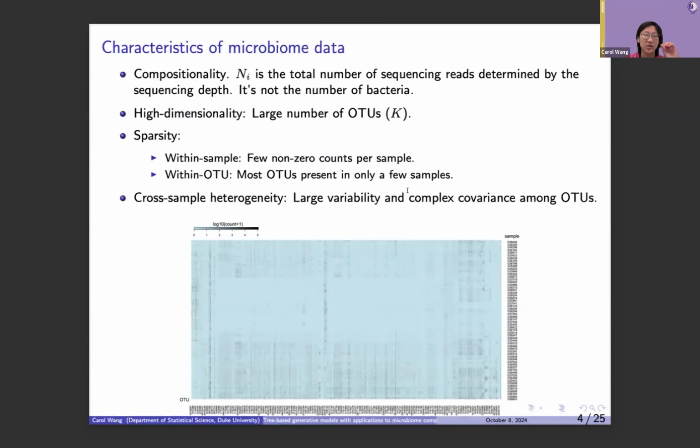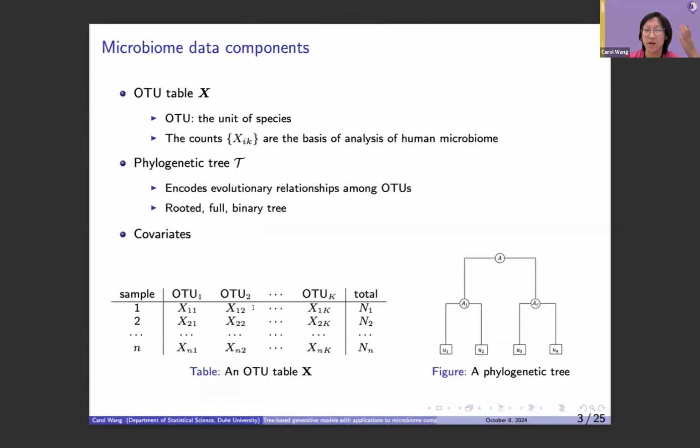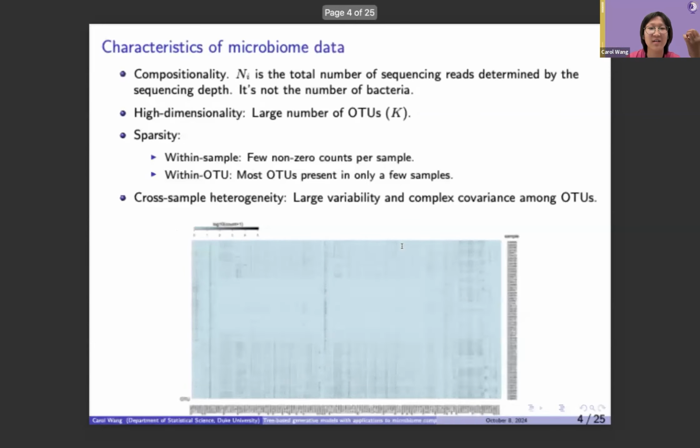So why is this a challenging task? This is mainly because of the characteristics that the microbiome counts intrinsically have. The data is compositional. The OTU table is compositional counts, meaning that the total counts, which is summing up each row, doesn't actually represent how many bacteria are in that sample; it is an experimental artifact.